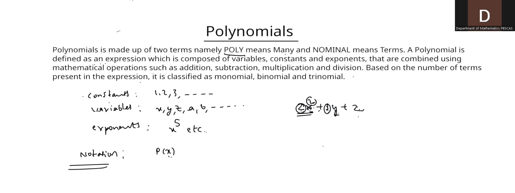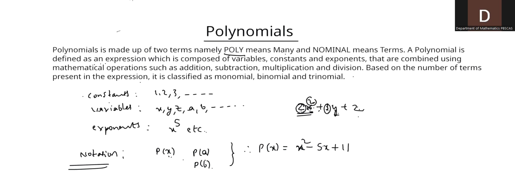If the variable is denoted by b, the function will be p of b. So, p of x is equal to, we can take any equation, x square minus 5x plus 11. This is the notation of the polynomial.